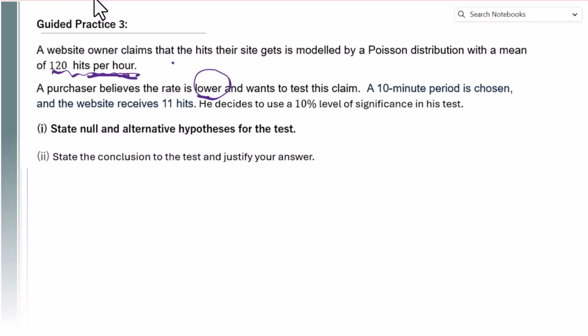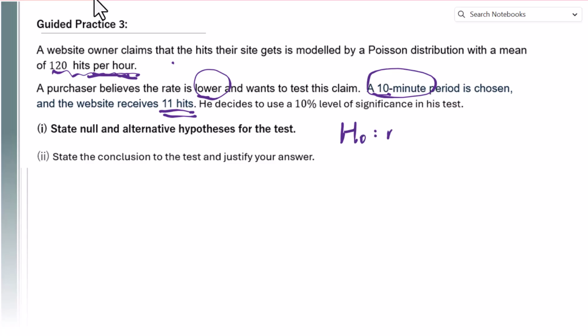A 10-minute period is chosen, and the website receives 11 hits. He decides to use a 10% level of significance in his test. State null and alternative hypothesis for this test.